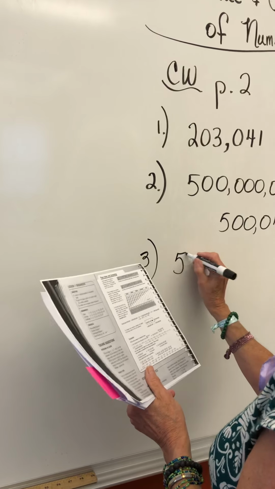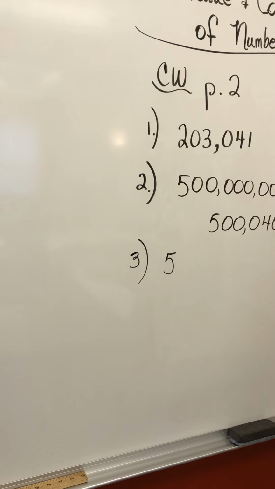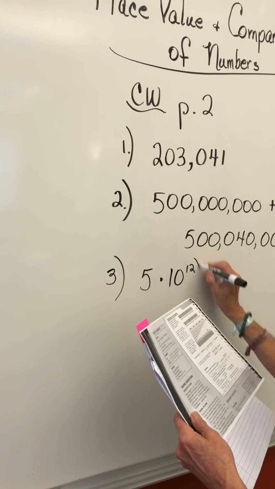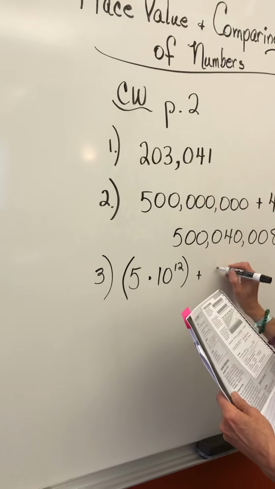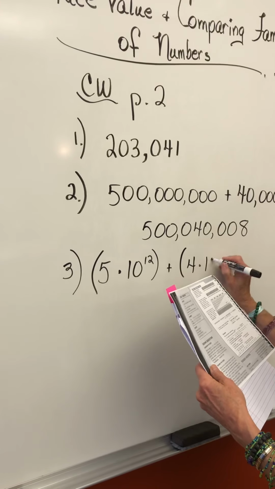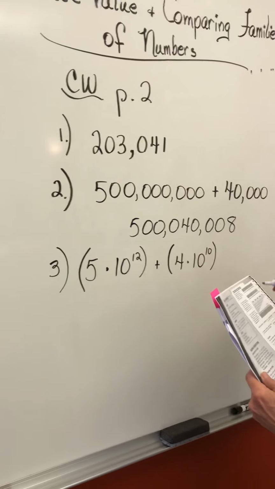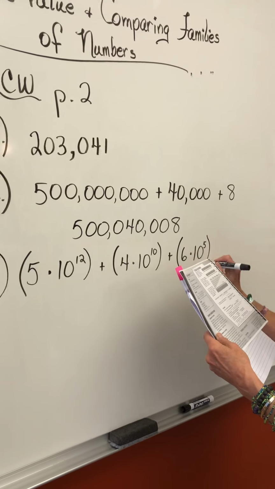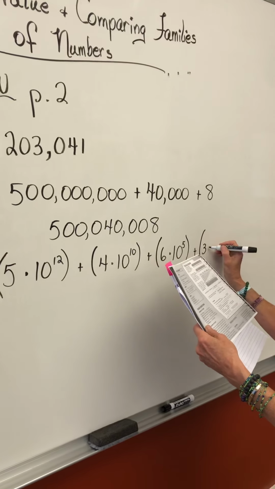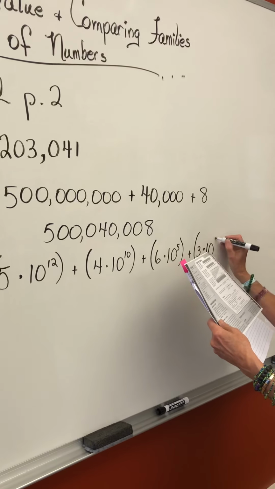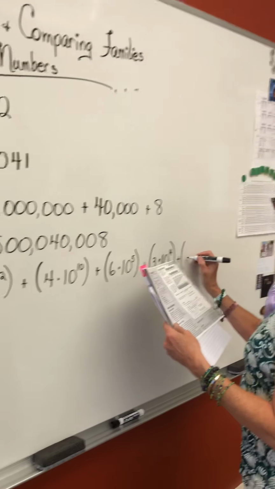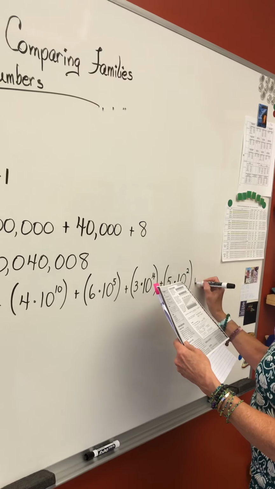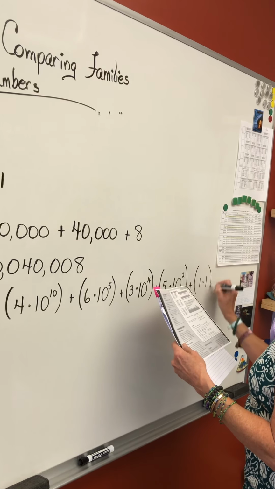All right, let's look at 3. We have 5 times 10 to the 12th power plus 4 times 10 to the 10th power plus 6 times 10 to the 5th power plus 3 times 10, I hope I don't run out of board, to the 4th power plus 5 times 10 squared plus 1 times 1.